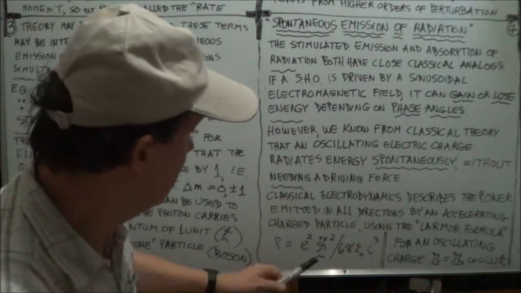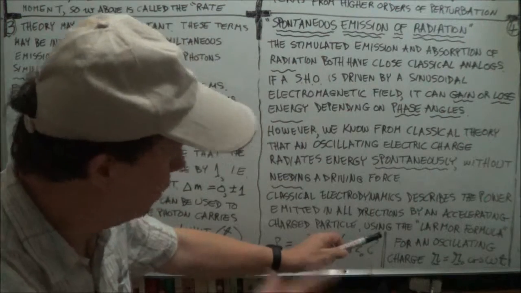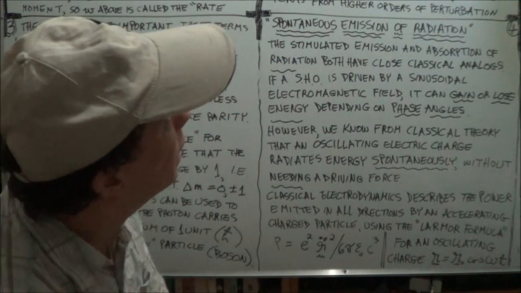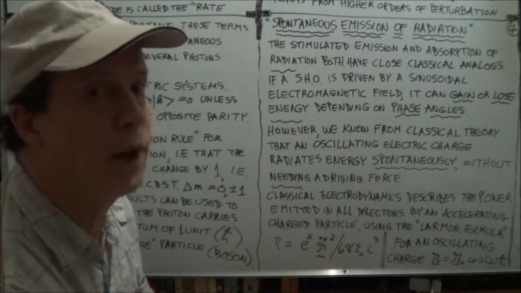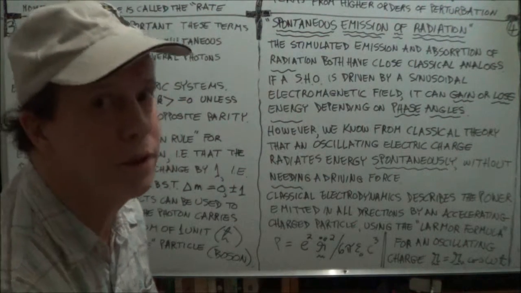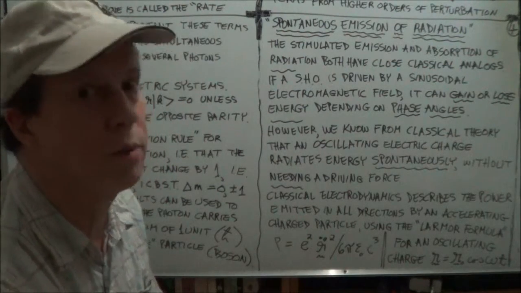Well, I think I'll just wait until the next session. So you can find the average power, averaged over one cycle, from this, and that formula for the average power we will use as the guide to find the equivalent power formula for quantum mechanics.